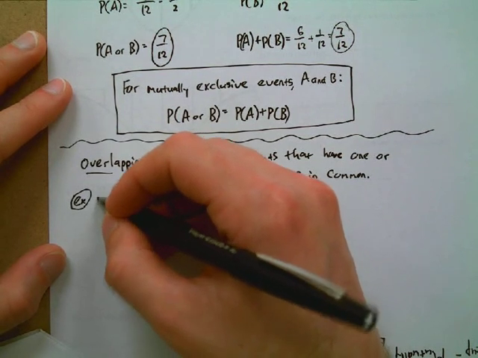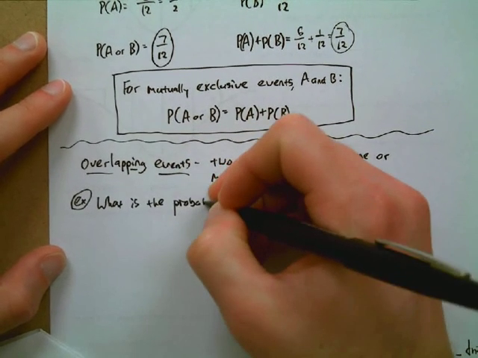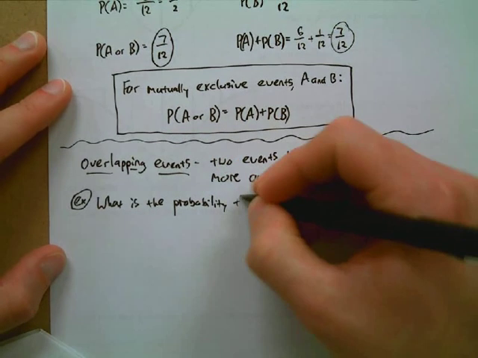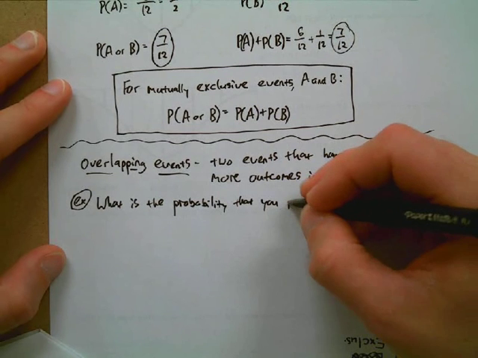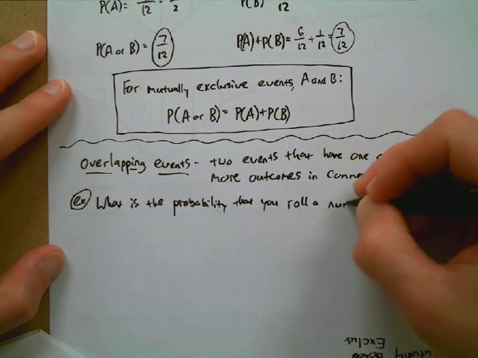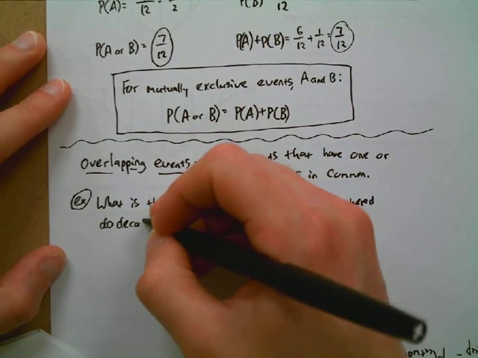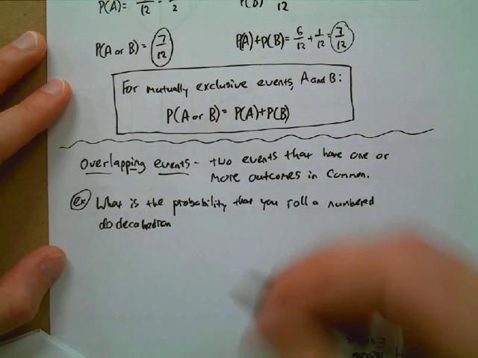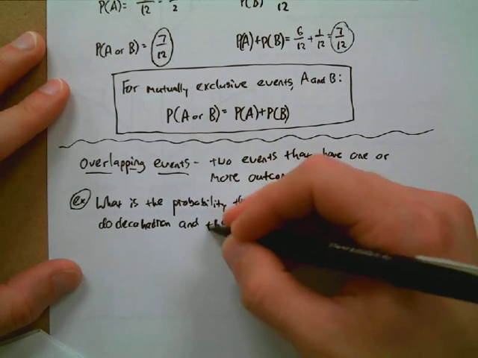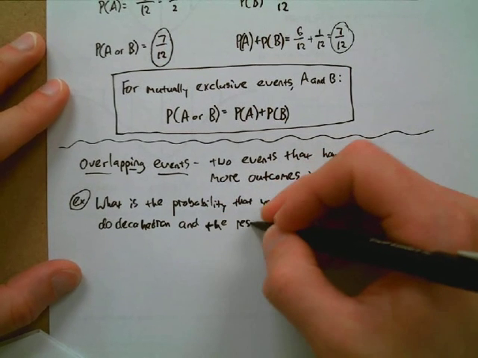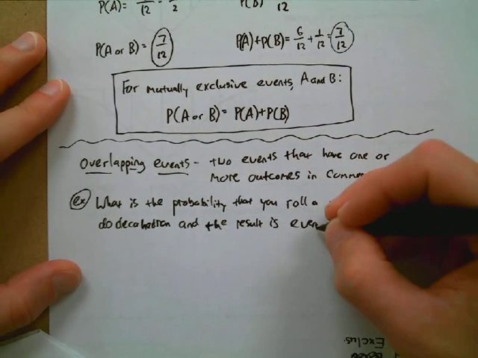What is the probability that the result is even or greater than 7?